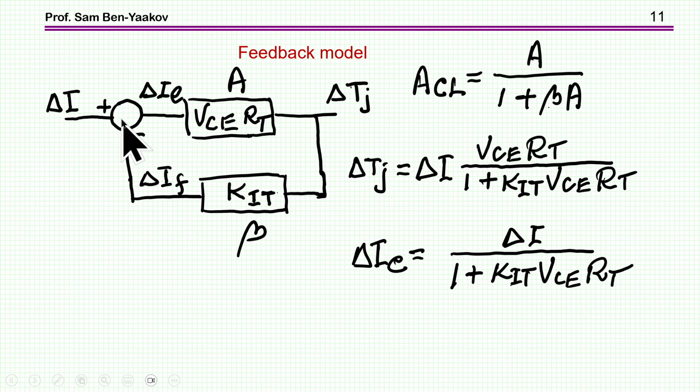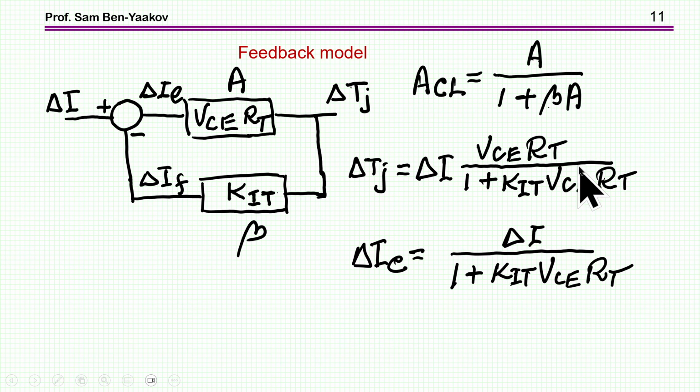In this case, it's a negative feedback if we are above the cross point that I've shown on the plot. So we have a function here, which is the normal function of a closed loop, which is A over 1 plus beta A. A is this term here, and beta is this term here.